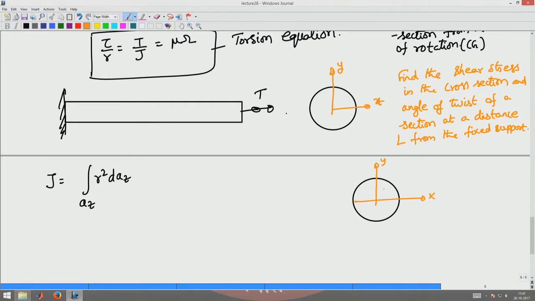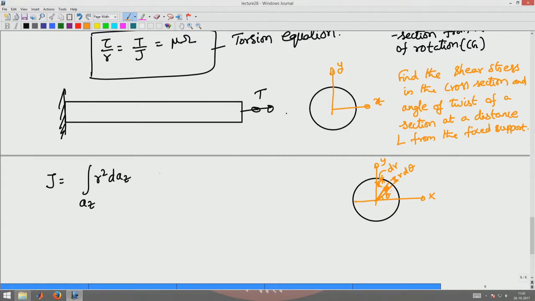So basically in the xy plane, I have an area. This area is given by: this length is dr and this length is r d theta, where theta is measured from here to there.